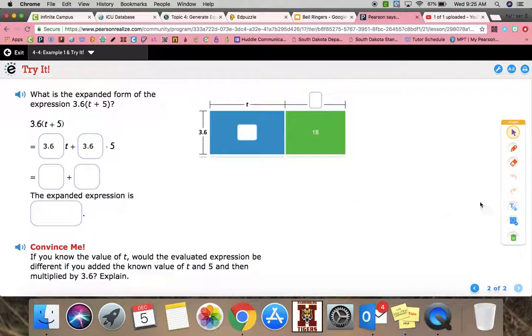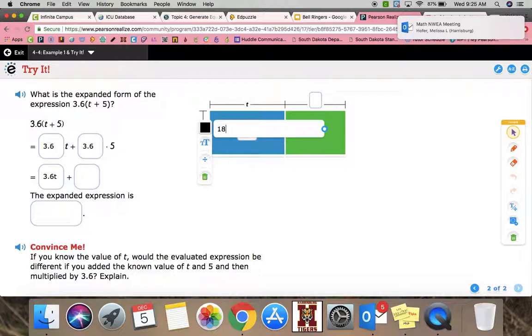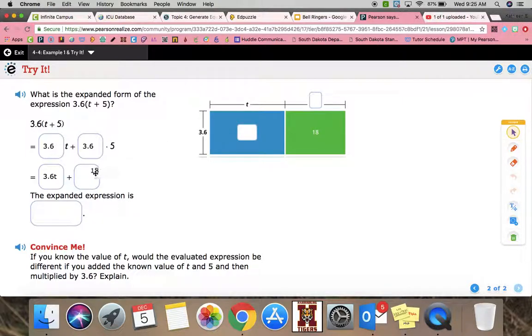So this first blank should be 3.6t, and 3.6 times 5 is 18, so we have 18 in this second blank. I can't add 18 to 3.6t, so the expanded expression is 3.6t plus 18.